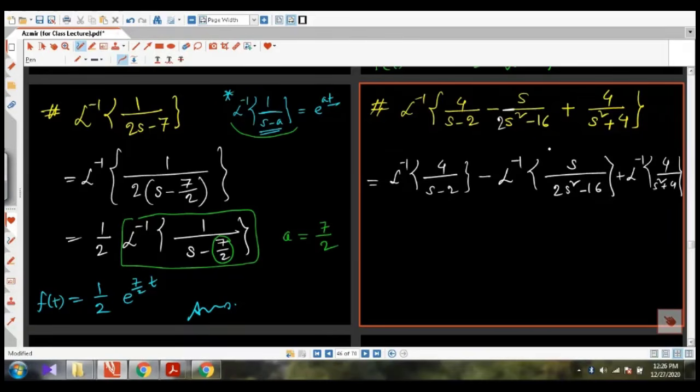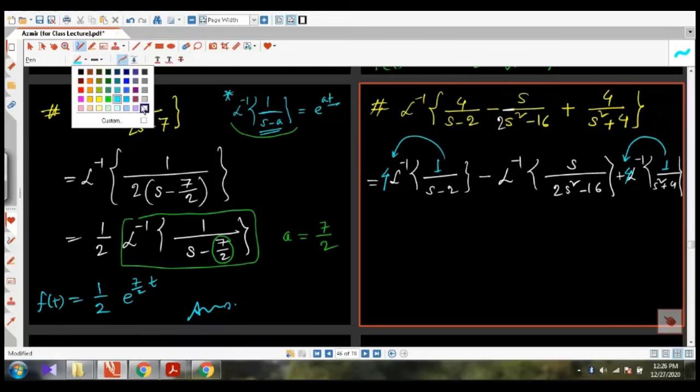Yes, sir. We have written this by using linearity property, so the constant can also be pulled out. The constant is 4, so I have written it directly. Here also we have constant 4, so let me write 4 before. Now we are able to split up by using linearity property.